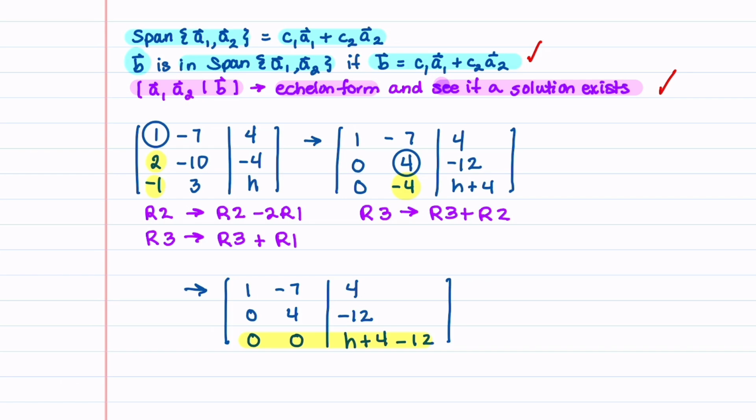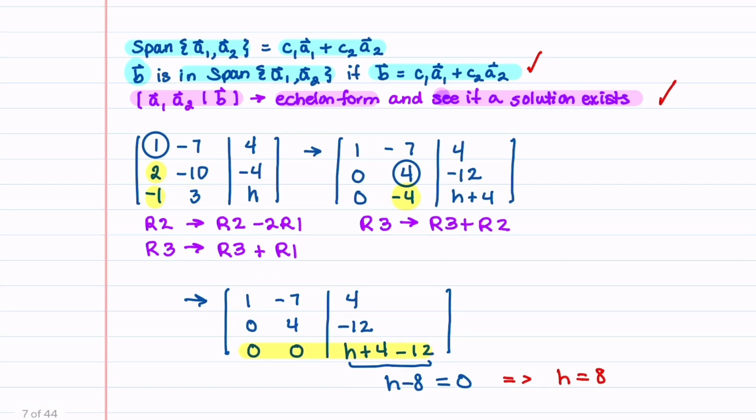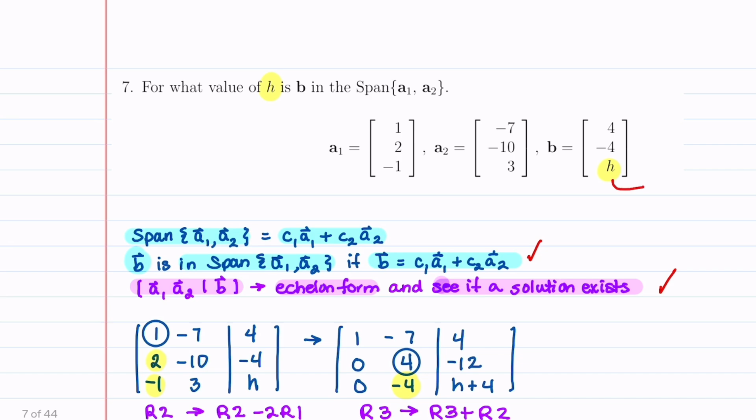Notice for a solution to exist, we're going to have to force this, which is h minus 8, to be equal to 0, because we can't have 0 equal to a non-zero number. So this is going to give us a solution that h is going to have to equal 8. So when h is equal to 8, let's go back up here and mark this as 8. When h is equal to 8, b is in the span of a1 and a2.